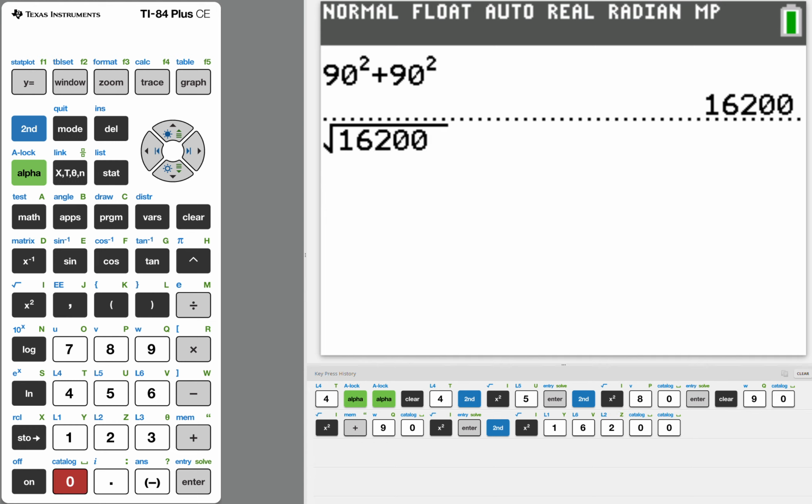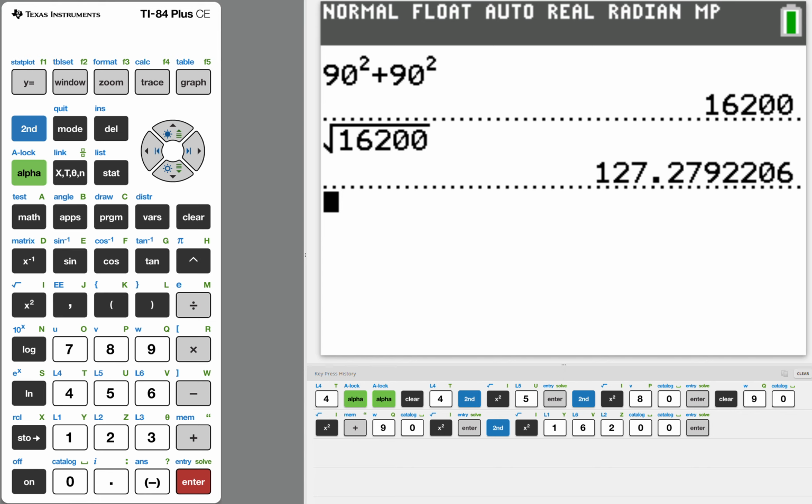16,200. Then we hit enter, and it's approximately 127 point, and it said to round to the hundredths place. There's a 7 in the hundredths place, but right next to it is a 9, so that rounds to 8. If it's 5 or greater, it rounds up. So 127.28.